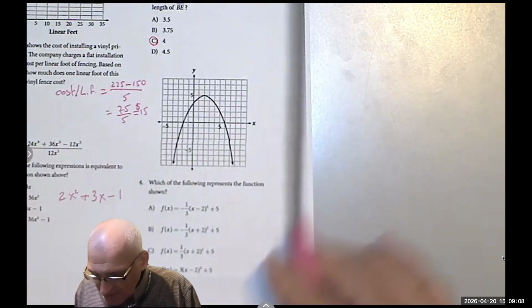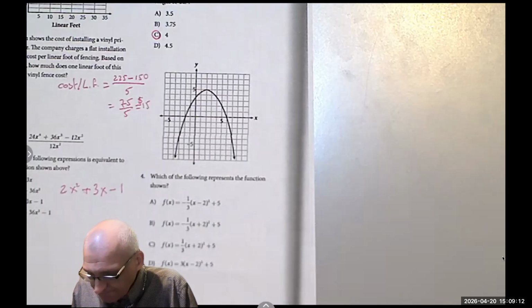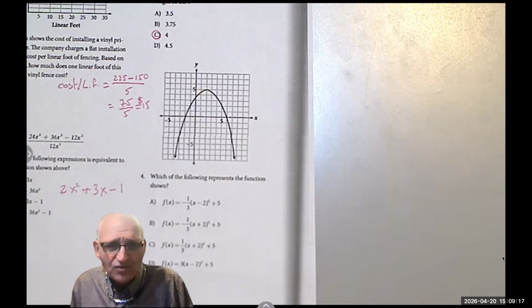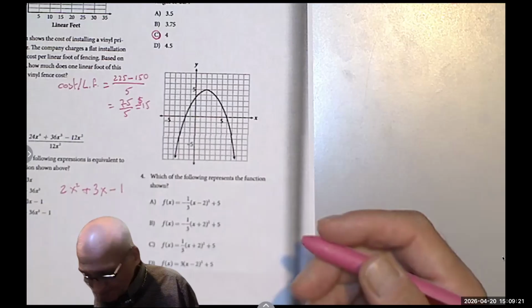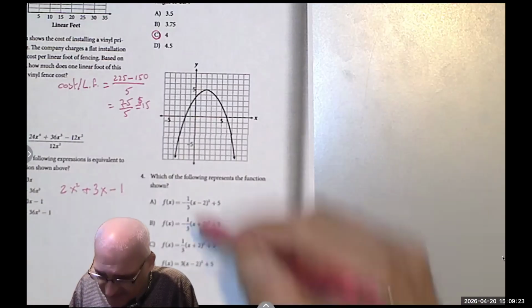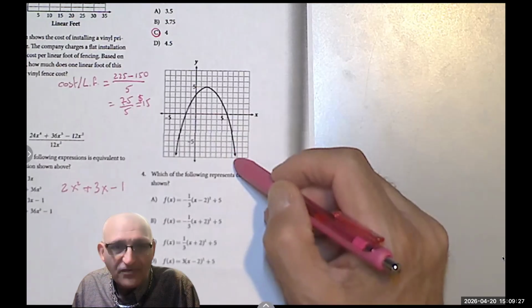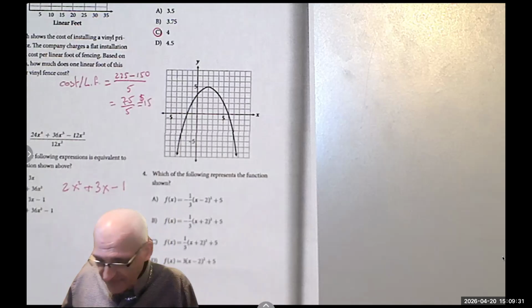The next one gives you a function, a parabola, a quadratic function. So which one is the equation? Of course, we don't have a calculator, we're not going to draw. But what we know, two things. The first thing is that since this parabola is opening down, then the leading coefficient, meaning the multiplier of x squared, is negative.